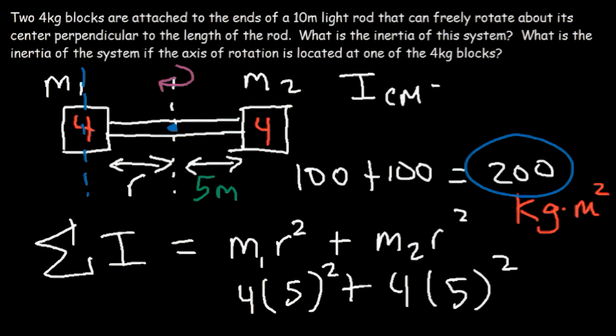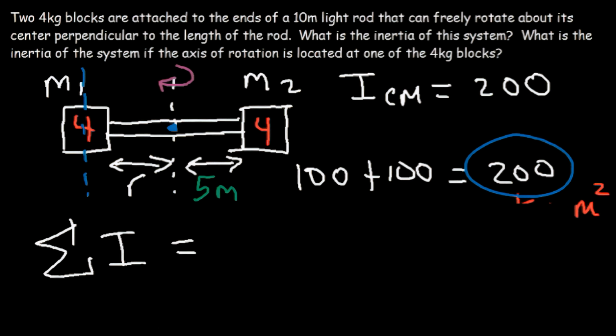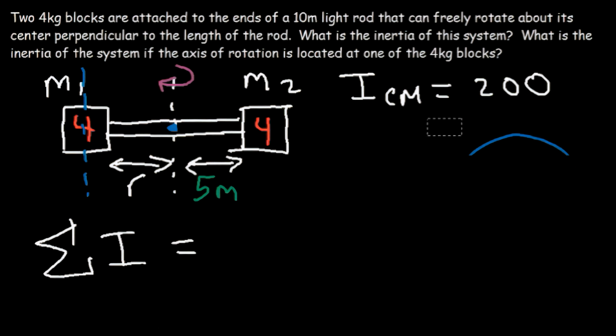So the inertia when the axis of rotation passes through the center of mass is 200. But now how can we calculate it if it's at the 4 kilogram block? There's two ways in which we can do so. We can use the same process to get the answer, and we can use the parallel axis theorem. But let's use our original process.